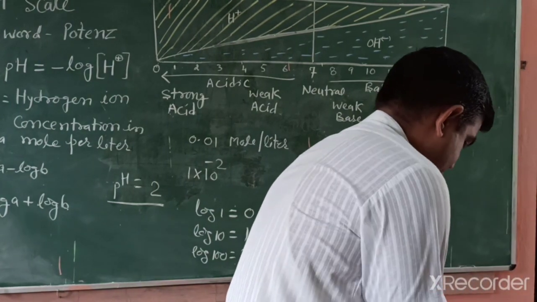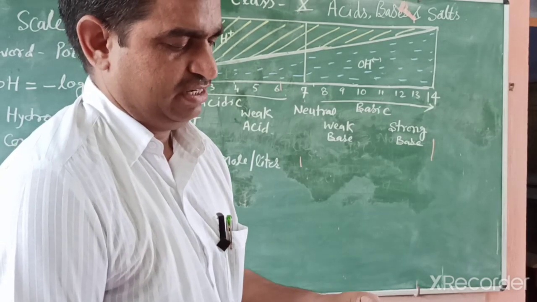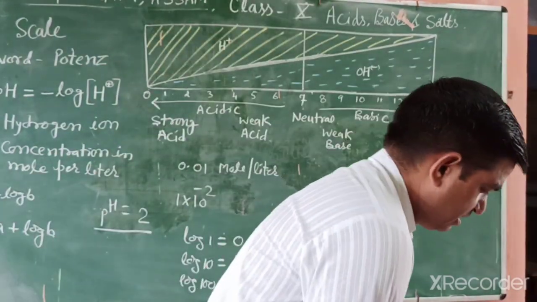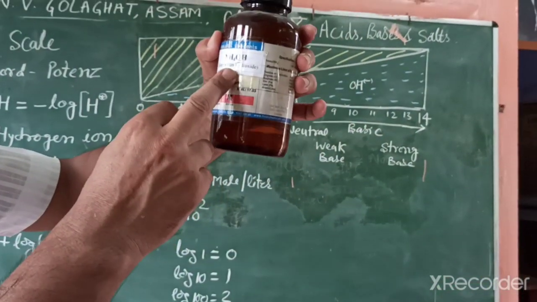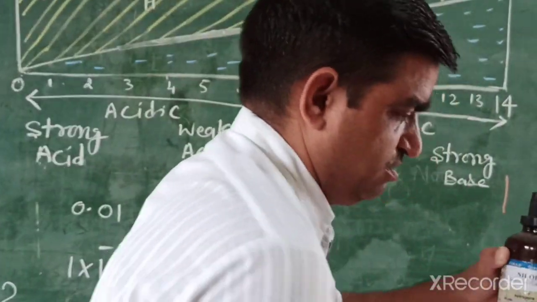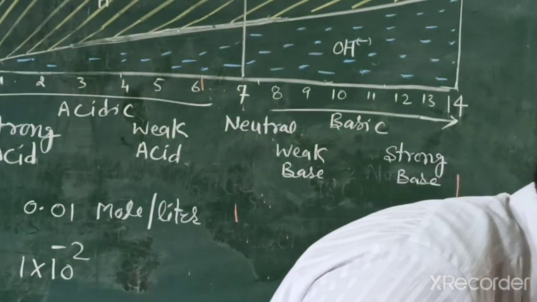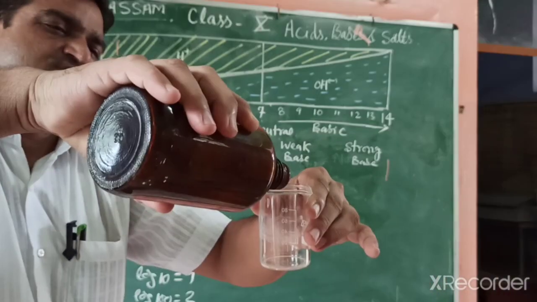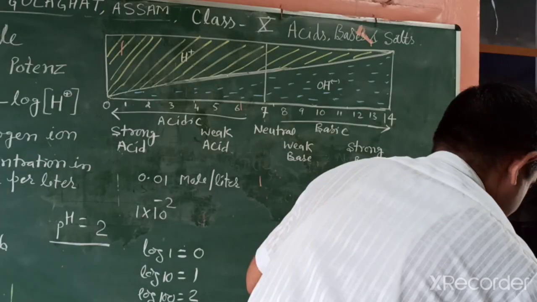Another, if we try to confirm another chemical, that is ammonium hydroxide. A chemical that is a weak base. Ammonium hydroxide is a weak base and we want to confirm its pH. So we place some ammonium hydroxide in a beaker.